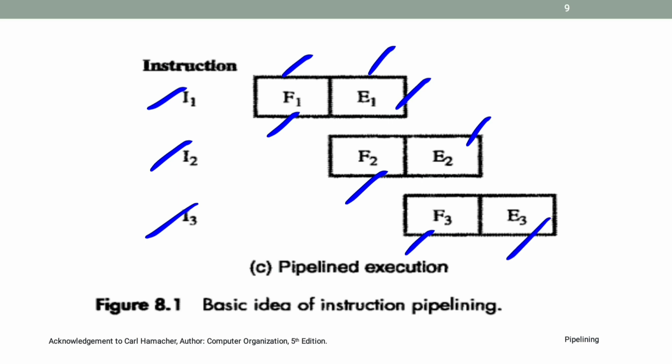During the fourth clock cycle, execution of the third instruction is done. Like this, in 4 clock cycles, the execution of all three instructions is over. This is what is pipeline execution, that is, performing several activities simultaneously at the same time. That is the basic idea of instruction pipelining.